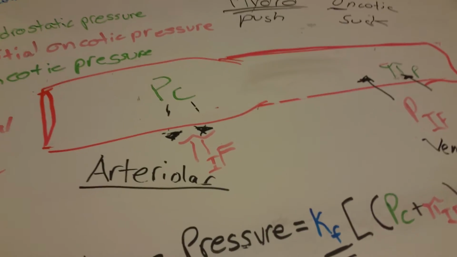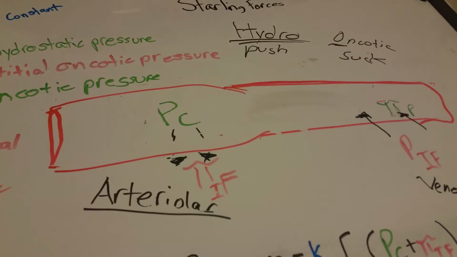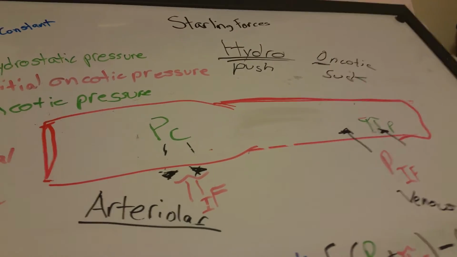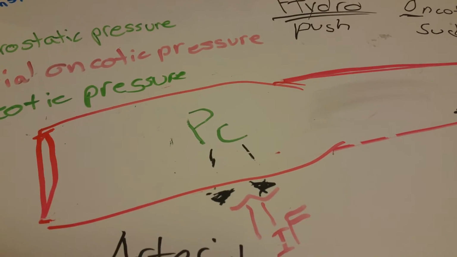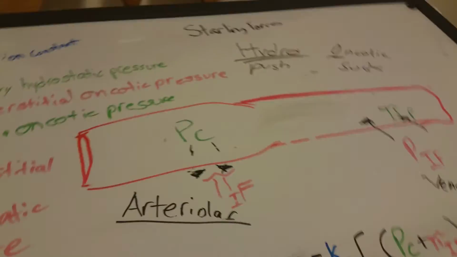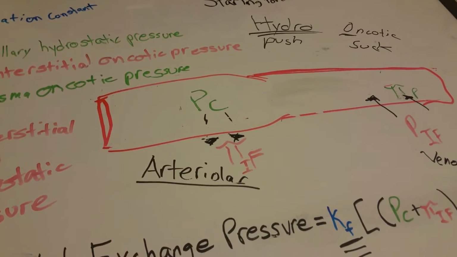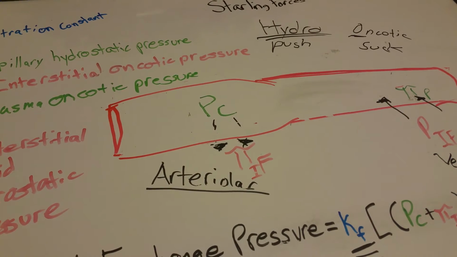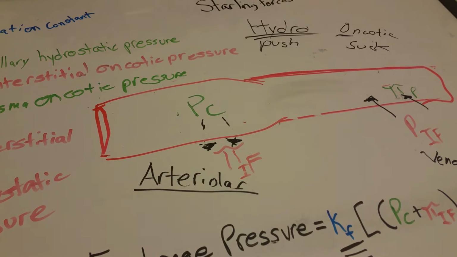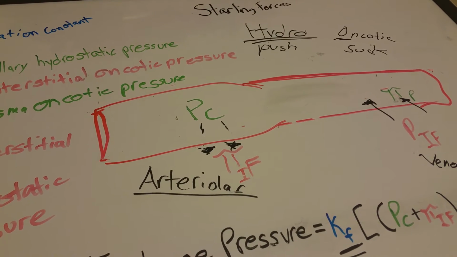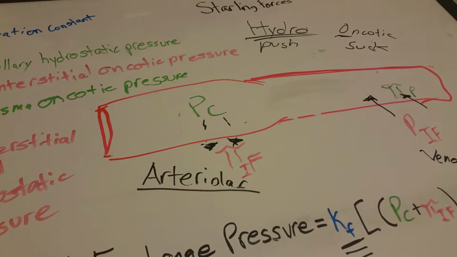So we get more pushing pressure, right? So what we see is the PC right here is going to go up, right? So if it's going to go up, it's a pushing pressure. What's it going to do? It's going to push fluid out. So when we dilate at our arteriolar end, we end up with more fluid going out and therefore end up with more edema.